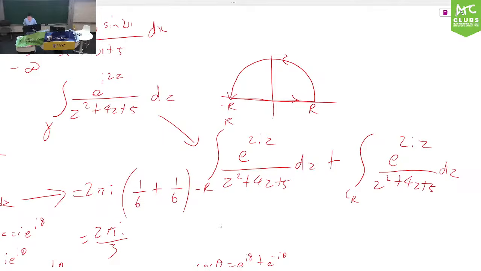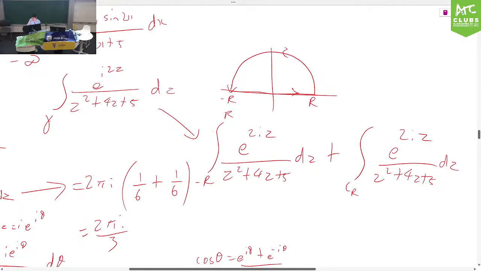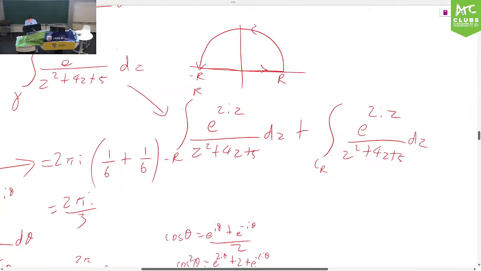So how does this help us? The whole idea is that we want to let r go to infinity. If we let r go to infinity, we want this expression, but don't touch this yet. We'll deal with it later.